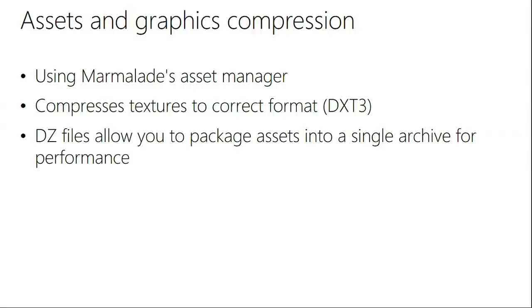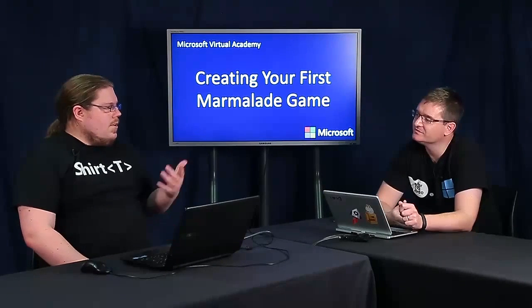On top of that as well, you can go one stage further and use DZ files, which are essentially zip files, and they allow you to archive all the assets into one file. You can have multiple of these and mount them as a virtual file system. It's up to you really, but it generally reduces load on the device's file system, because it hasn't got the overhead of loading. So if you want to enumerate a directory, you don't need to ask Windows for all these files.